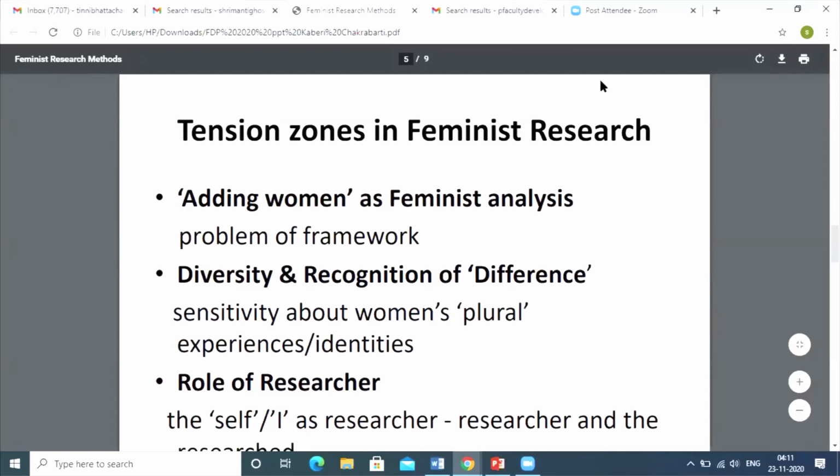There are many others, but I have chosen to talk about some core tension zones. The first one is adding women as feminist analysis. Now, we know that traditional feminist scholars and traditional feminist analysis have sought to add women into the mainstream social researches as the dominant feminist perspective. The early feminist scholars have done that.